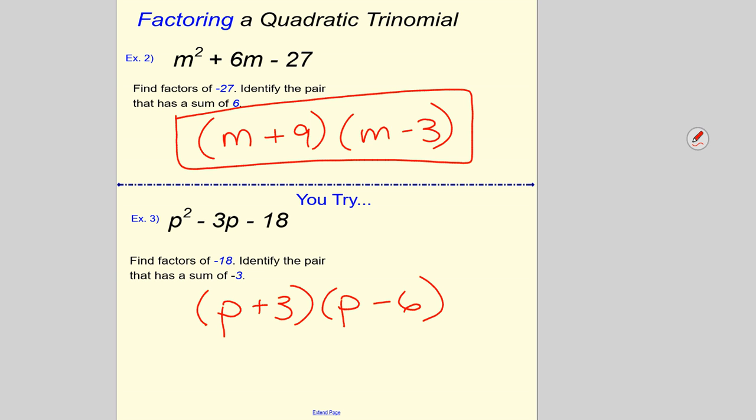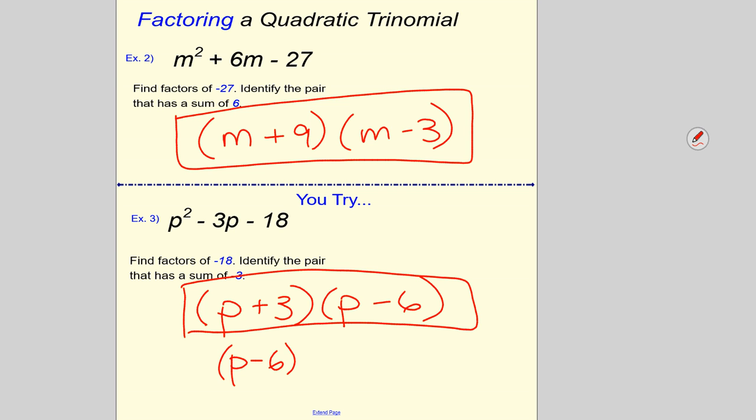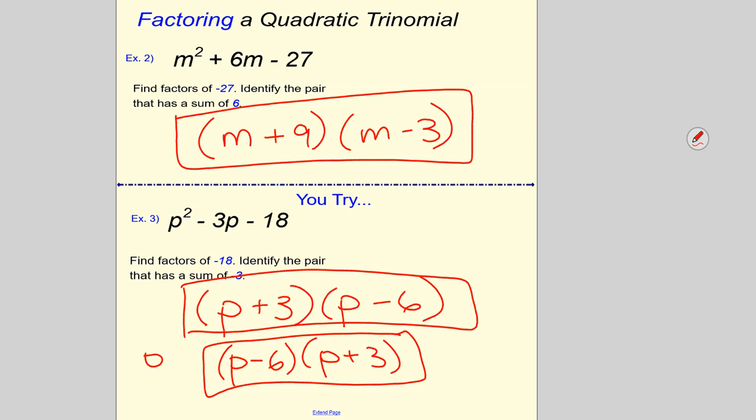And it doesn't matter what order I put these in. I could have written p minus 6 and p plus 3. This would have been fine as well, okay? Same thing up here for number 2. If I had written m minus 3 and m plus 9, that would have been fine as well, okay?